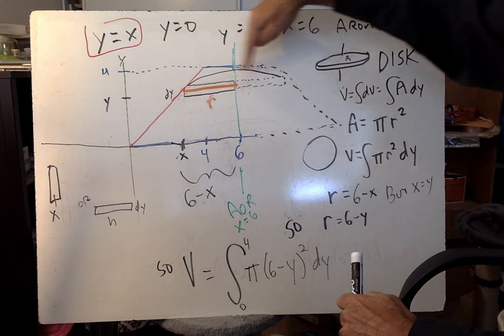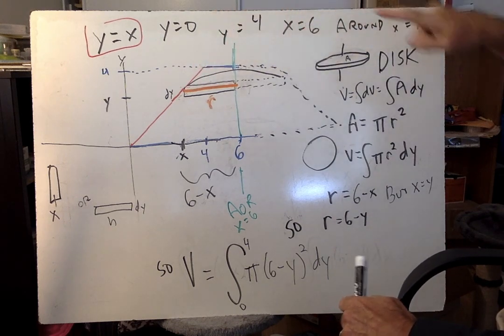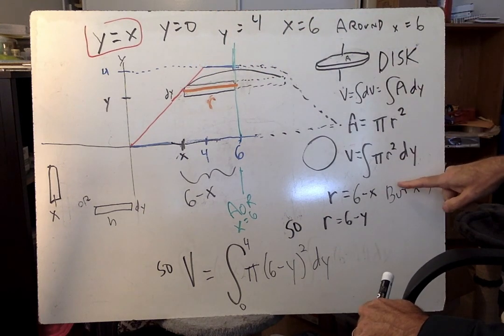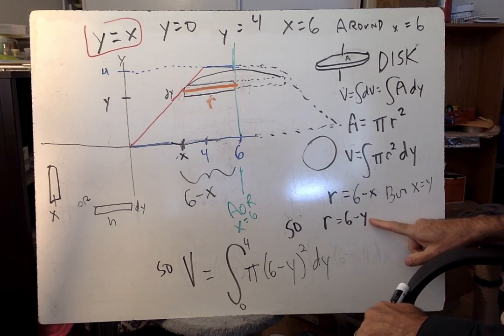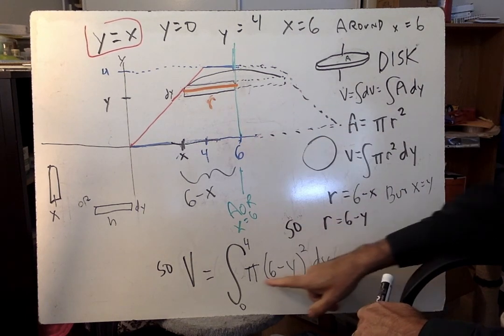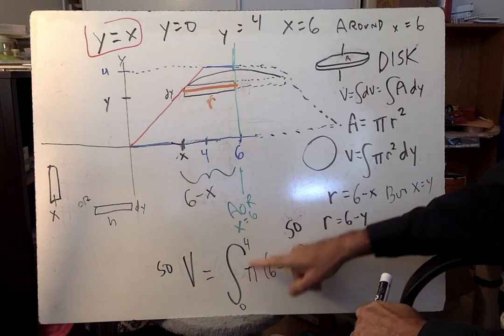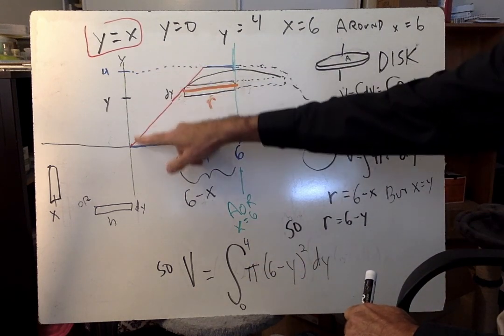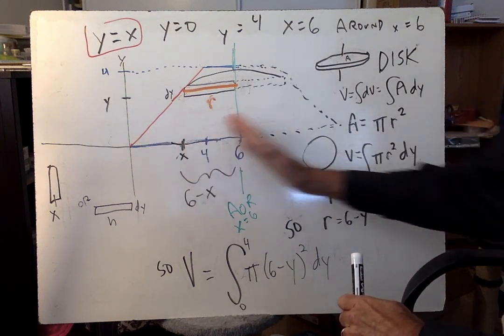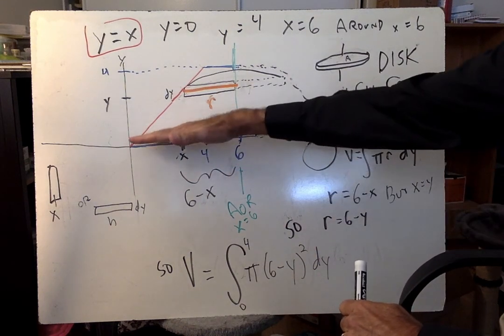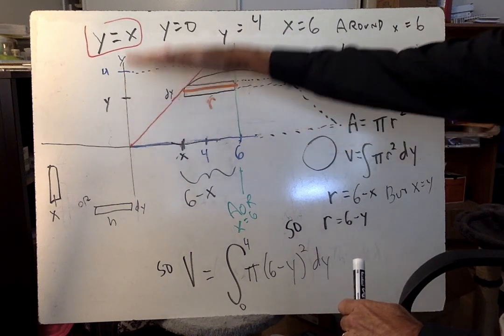Rotating this around the green axis makes a disk, so we have to use the formula for the disk, and that's pi r squared. The r has to get replaced as a function of y. We walked through that. So you put in pi r squared dy, and where to start and where to stop in y, not x. That's what makes these trickier in y, because you do 99% of your problems going this way in x. And every once in a while you have to do one that's in y, and so you have to think differently.